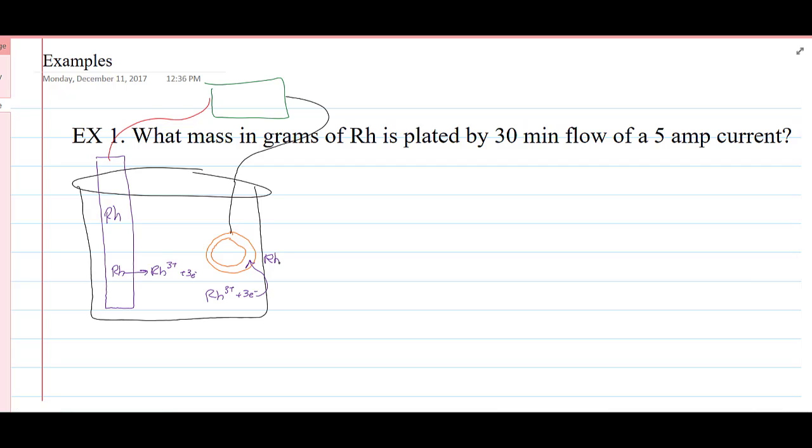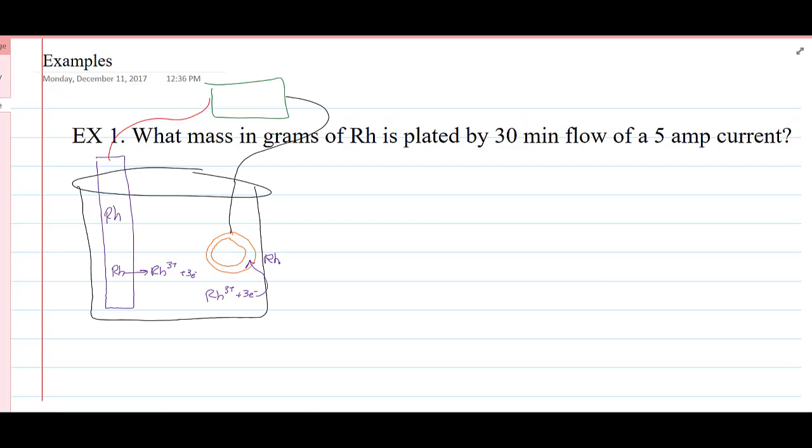Because the more distance the electron travels, the more resistance. So it's going to evenly coat because that's how the electrons are going to flow. It actually works out beautifully. All right, so we're going to plate this ring.